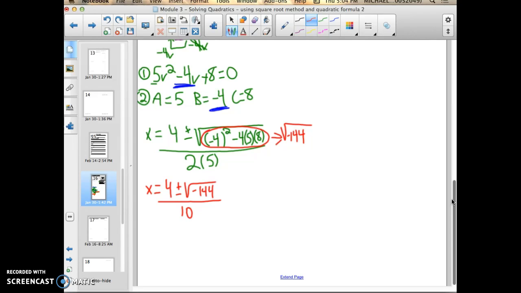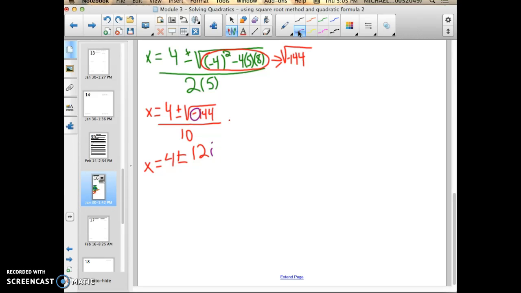So the square root of positive 144 is 12, meaning that I can go down here. x equals 4 plus or minus the square root of positive 144 is 12, but I'm taking the square root of a negative here. So again, whenever I take the square root of a negative, I need to put i to indicate that I'm entering into the realm of imaginary numbers. So it's 4 plus or minus 12i all over 10.